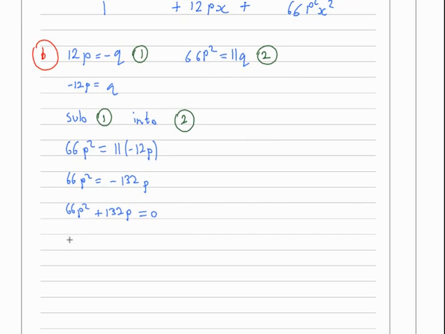So I can factorize the 66p, open bracket, p plus 2, because 66 times 2 gives you 132, is equal to 0. I guess that means p is equal to 0 or p equals minus 2.